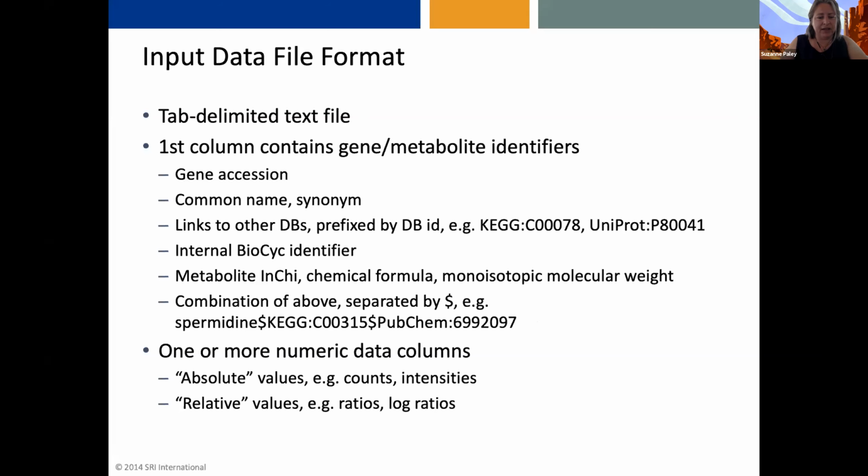These are values like counts or intensities where the values start at 0 and then go in one direction, in the positive direction only. And then we have relative values that are things like ratios or log ratios, where you have a scale that has some center value, which is either 0 or 1, and then proceeds in both directions. We treat those a little bit separately, so we need to know what kind of data you're providing.